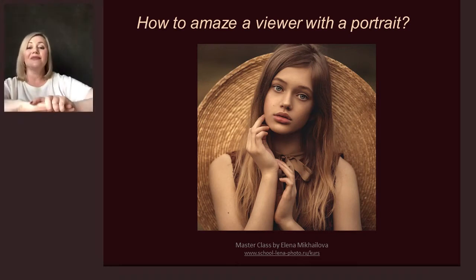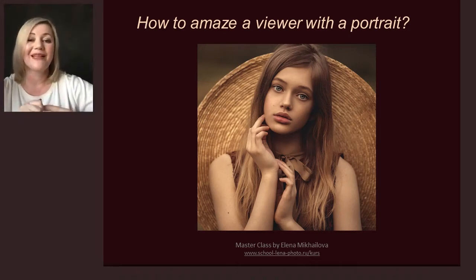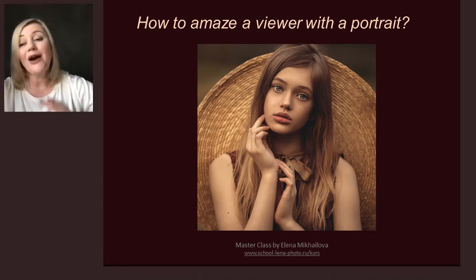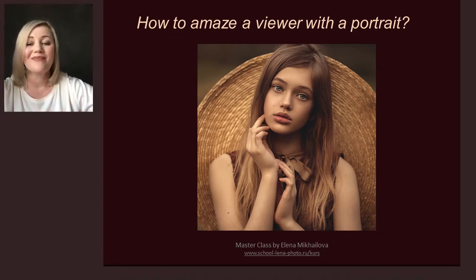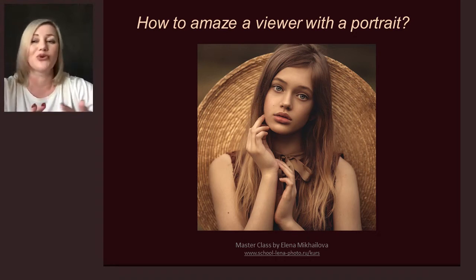How to amaze the viewer by your portrait? I love it when the eyes of the hero in the portrait look directly into the eyes of the viewer. They say about such pictures, it's like looking into the soul. I love this kind of portraits when a relationship is established between the model and the viewer, when a kind of eye contact occurs.